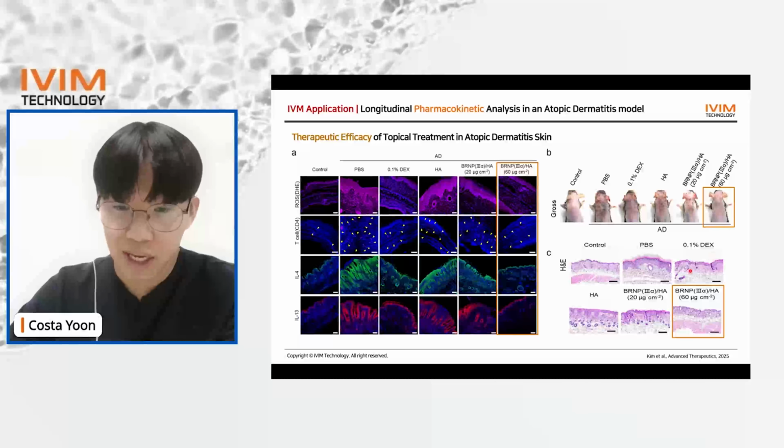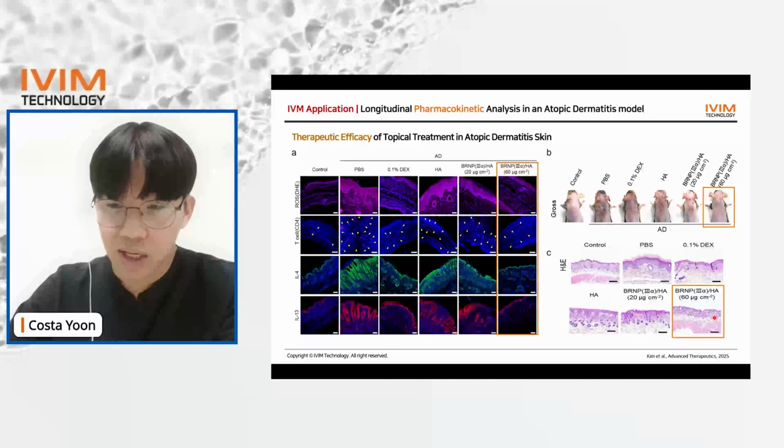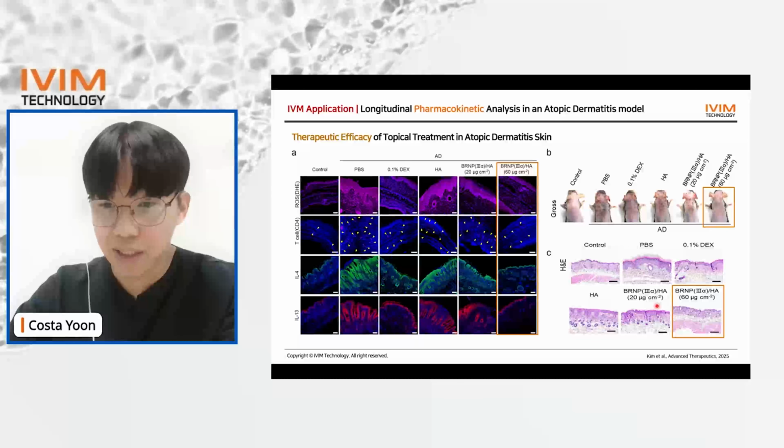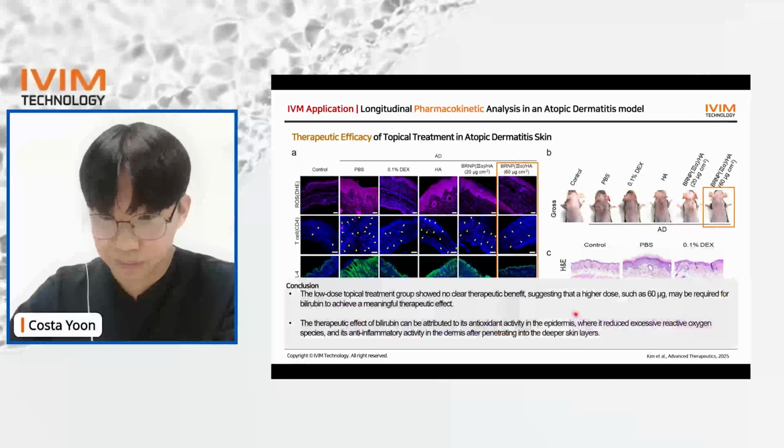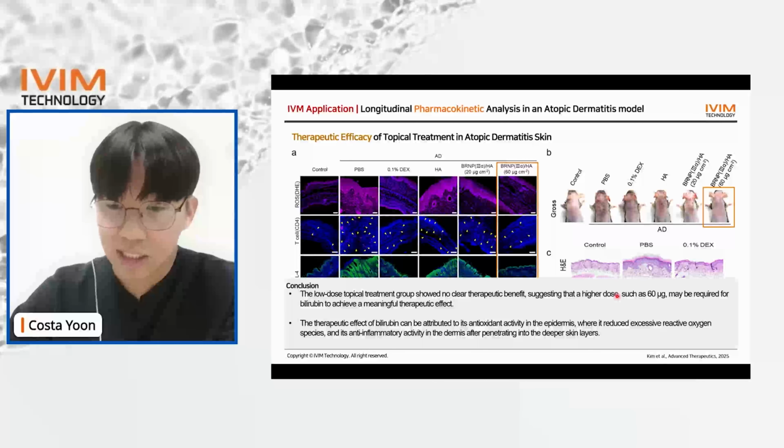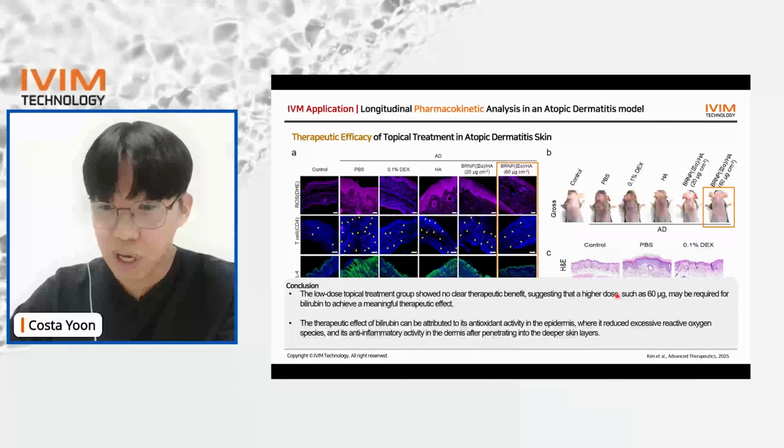Consistent with these findings, H&E staining shows that the epidermal structure became more similar to that of healthy skin. In contrast, the low-dose treatment group showed no clear therapeutic benefit. This result suggests that bilirubin may require a threshold dose such as 60 microgram to produce meaningful therapeutic effects.